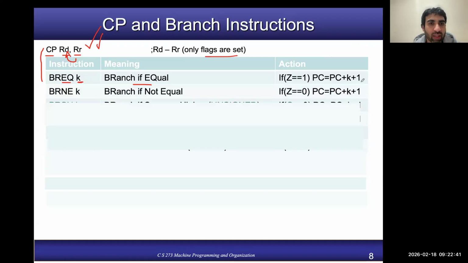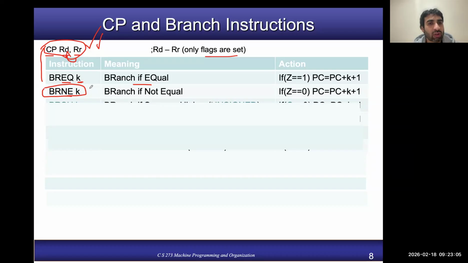Okay. And we also have an instruction, branch not equal. Again, let's say you have a program in which you first write this compare instruction, and the next instruction is branch not equal, right? Again, the same thing will happen. The source register will be subtracted from the destination register, and based on the result, the flags will be set.